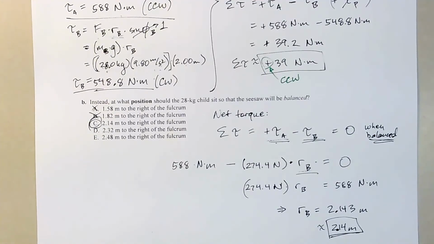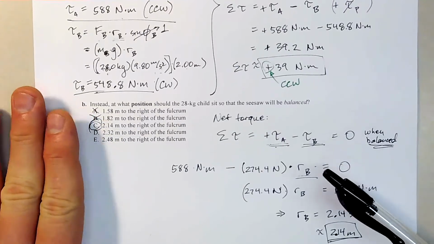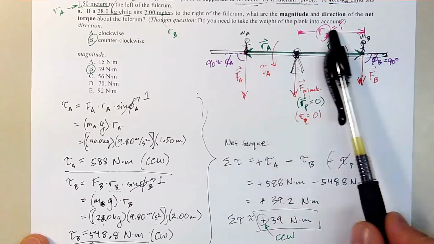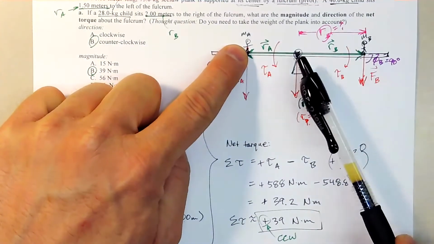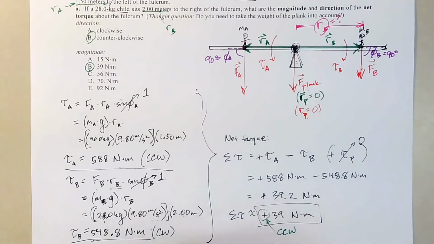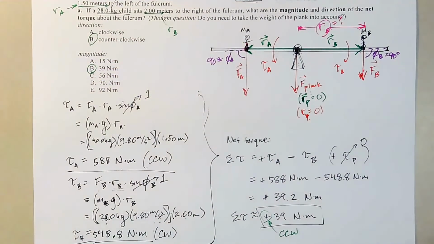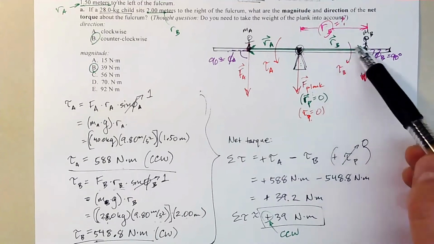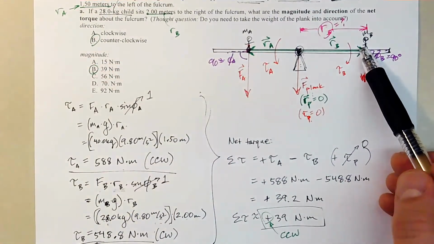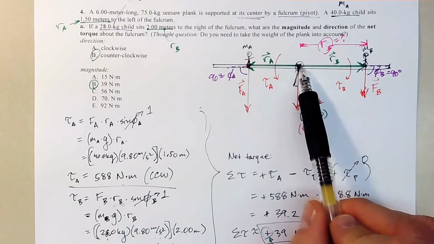There is another way to solve this problem, and that would be to say the system is balanced when the center of mass of the two children is exactly at the position of the fulcrum. So we could write out an expression for the position of the center of mass of the two children as a system, and leave the position of child B as the unknown in that equation, and say that the answer for the center of mass has to be exactly where the fulcrum is.